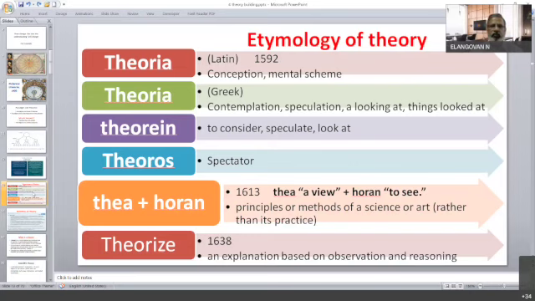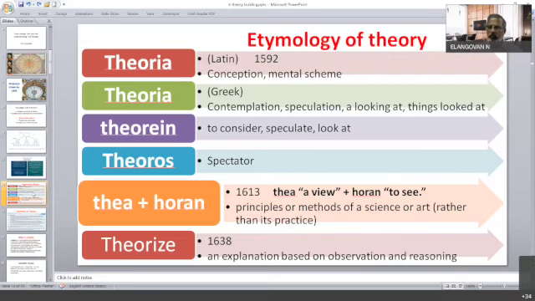Slowly it became theorein. Theorein means to consider, speculate, or look at. Theoros means spectator. All these things are connected with the knowledge that helps us to observe the world. We are observing the world. We are seeing the world. When we see the world, theory is what helps us to understand it.